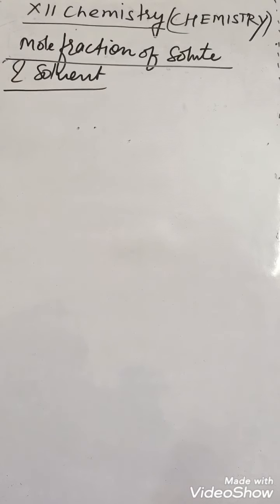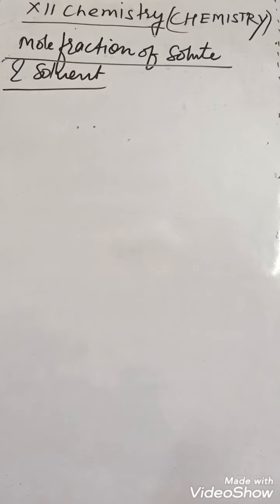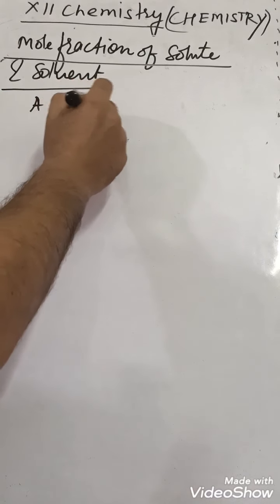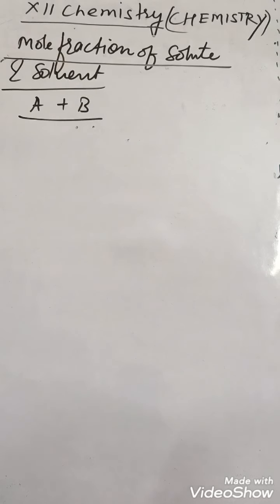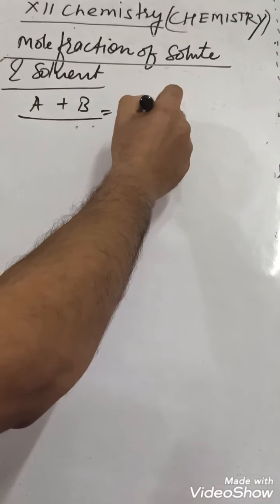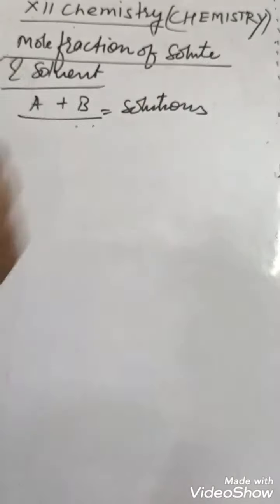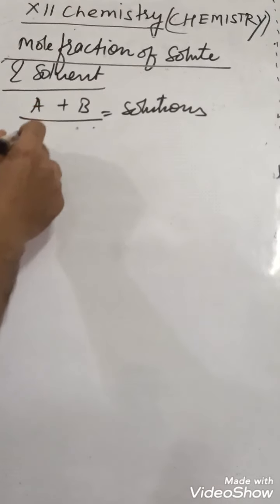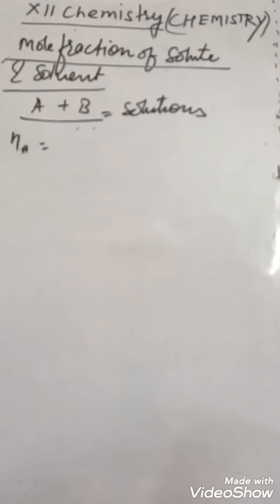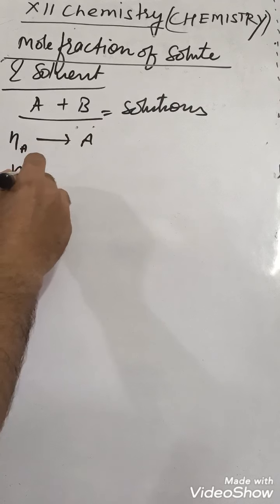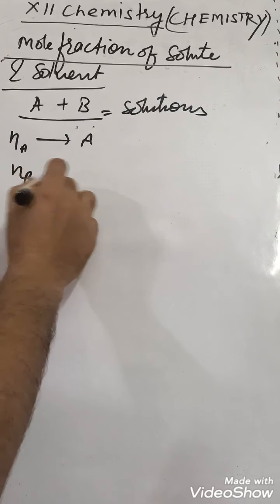So similarly, if we have a number of components, for mole fraction, suppose we have component A and component B, two components in a solution. These are the components of the solution, and the number of moles of A is Na, and the number of moles of B is Nb.